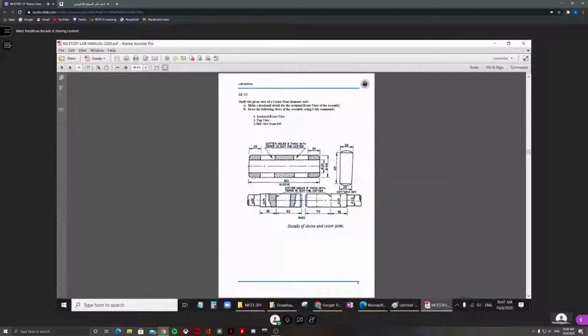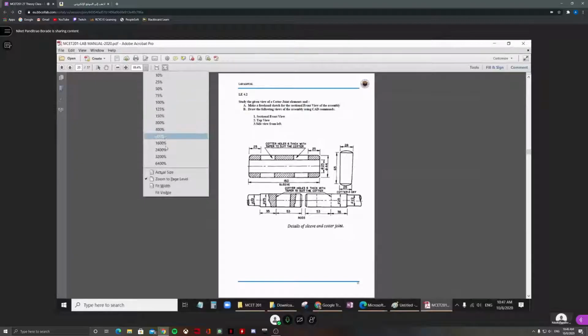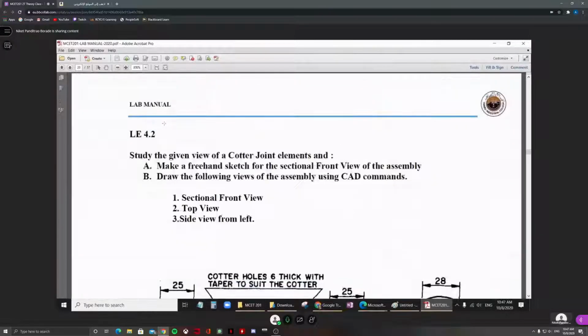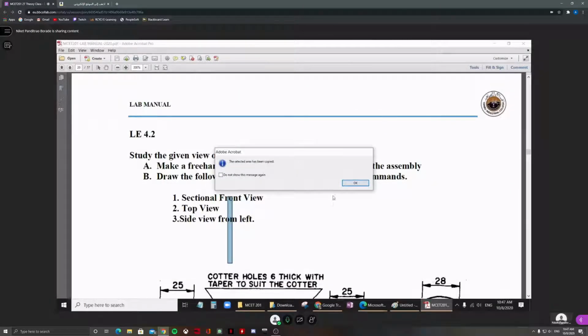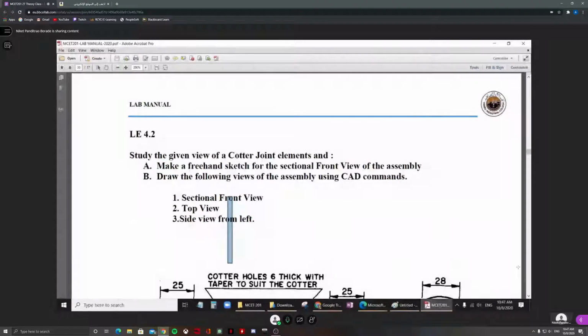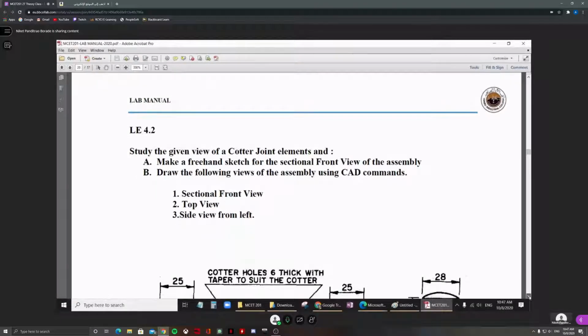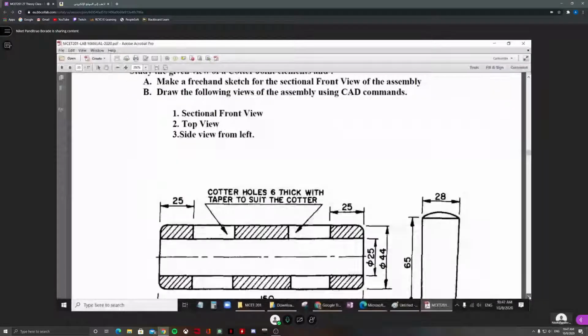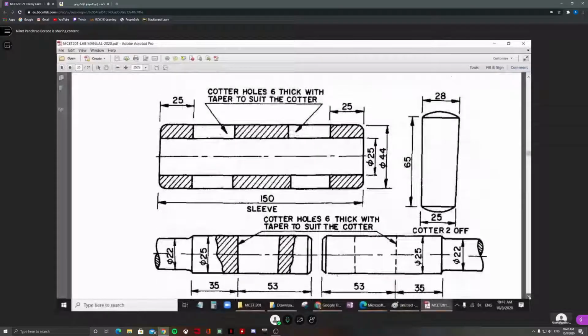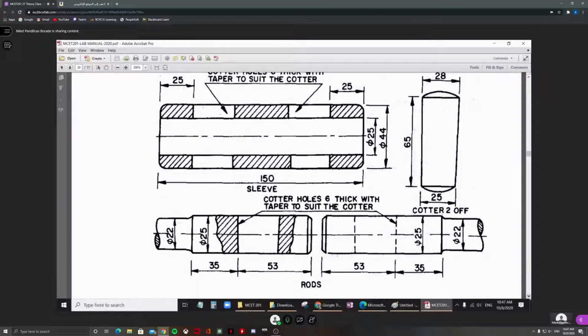We can go to the original drawing for a while. Yes, so the diameter of this is also 25. That means this part should go inside this.